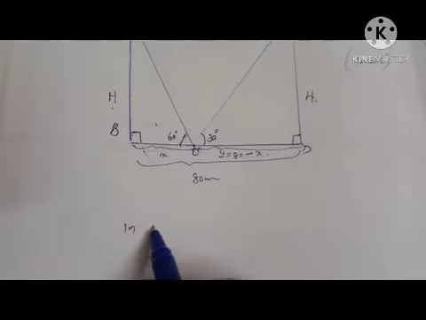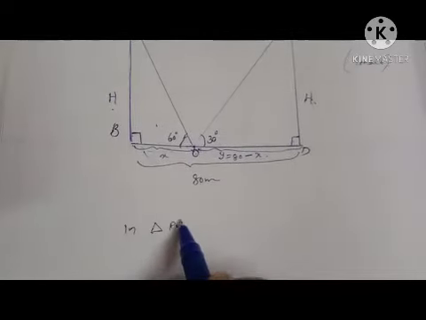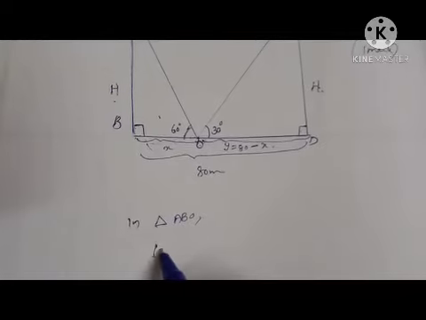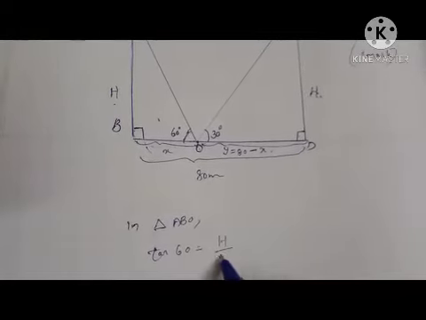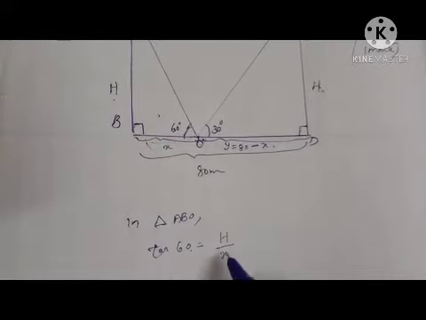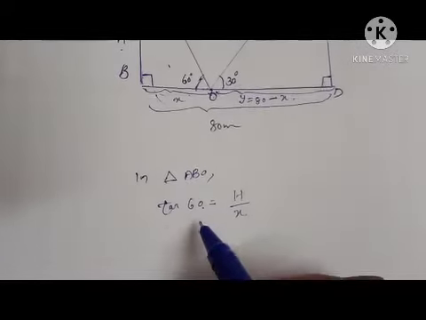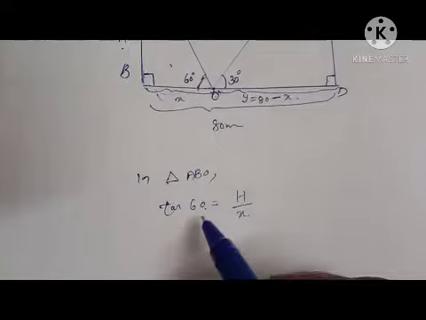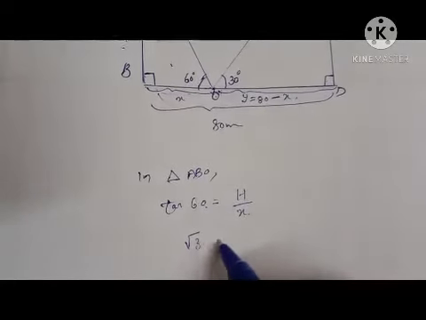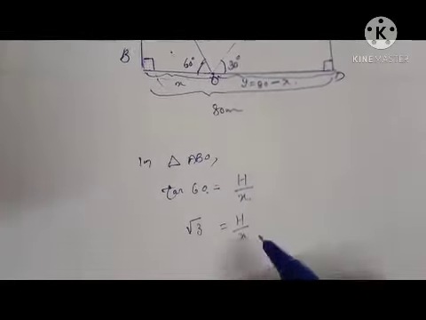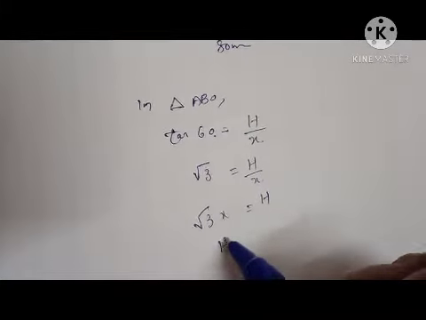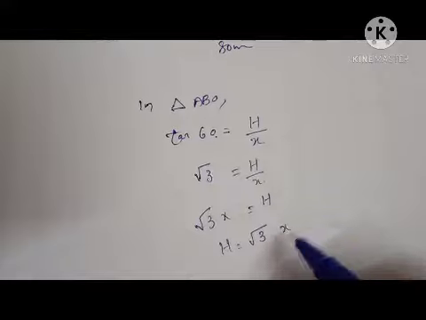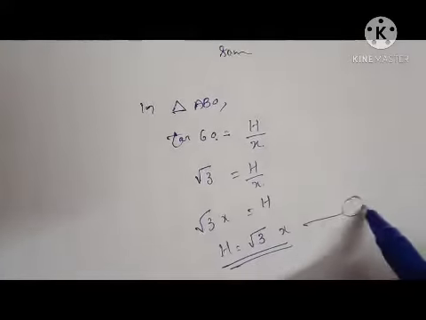In right triangle ABO, tan 60 equals H by X. What is the value of tan 60? Tan 60 is root 3. So H by X equals root 3, then H equals root 3 x. This will be the first equation.